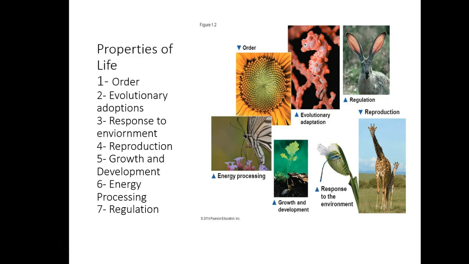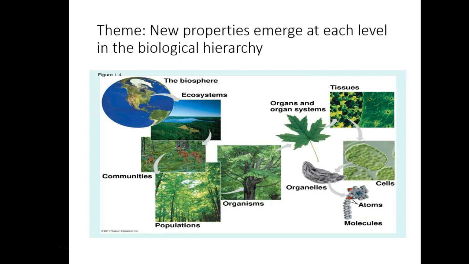And so energy processing, whether that be ATP or photosynthesis, some way of taking in the raw elements to create energy within itself. These are all properties of life, seven of them, and of course these would be terms that you would have at least a working knowledge of.